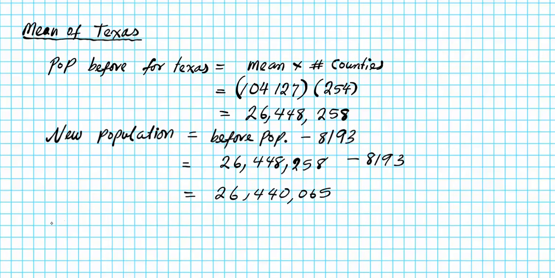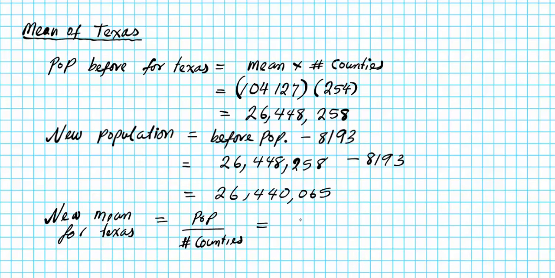So what is the new mean for Texas? The new mean is simply going to be the population divided by the number of counties. Okay.